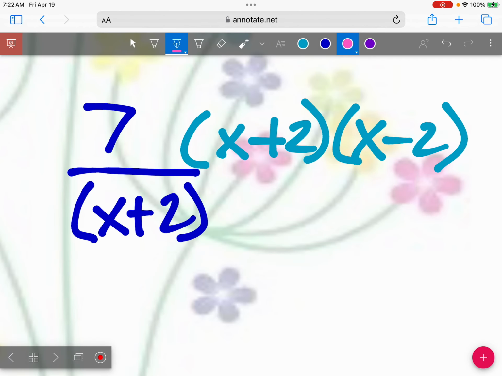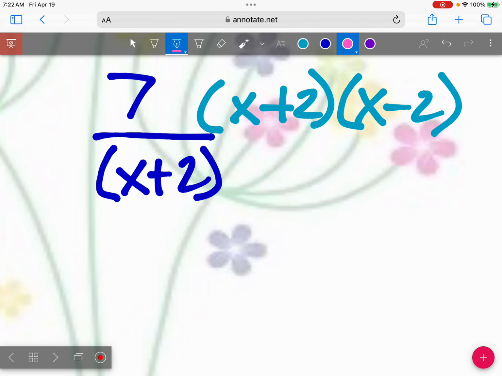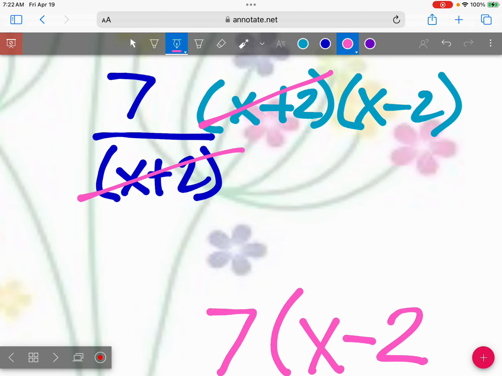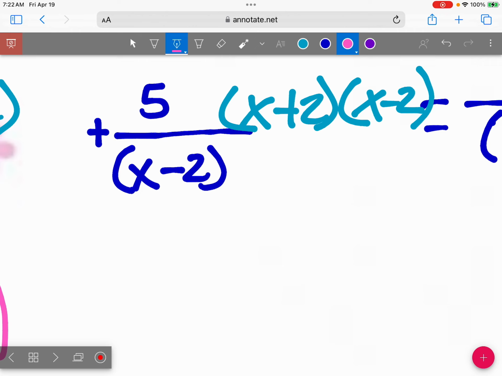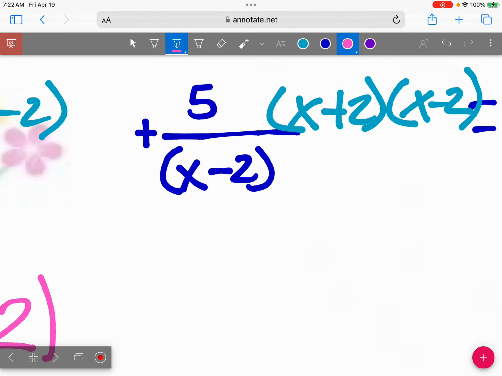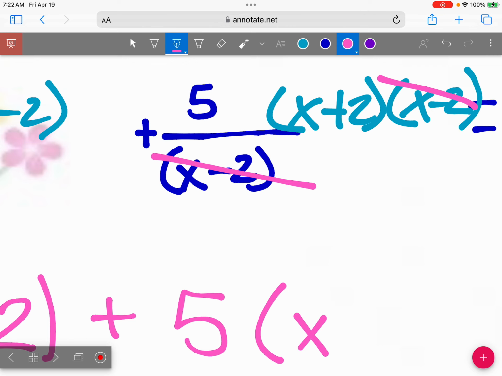So on this one, what can we do to simplify? Cancel out the x plus 2s. We're going to be left with 7 times x minus 2. On this term, what can we do? The x minus 2s are going to cancel out, and we're going to be left with 5 times x plus 2.